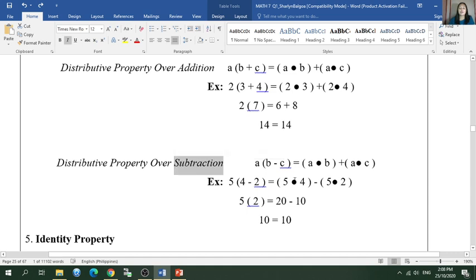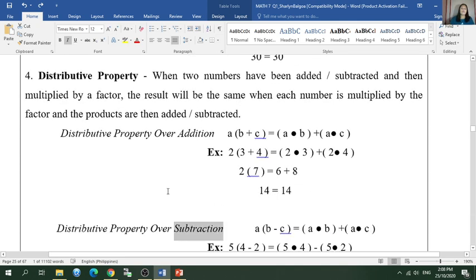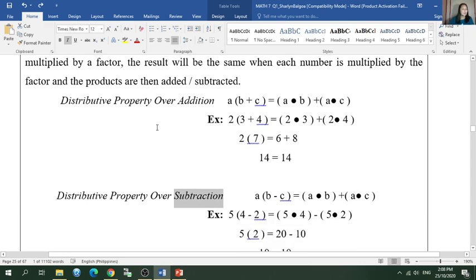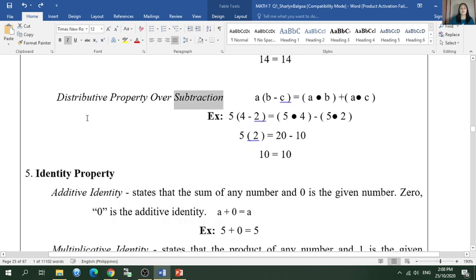So 5 times 4 is 20 minus 5 times 2 is 10. So in here we have 4 minus 2, that is 2. 5 times 2 is 10. 20 minus 10 is 10. 10 is equal to 10. Okay, don't forget about distributive property. You can have over addition, over subtraction, okay, over addition and over subtraction.